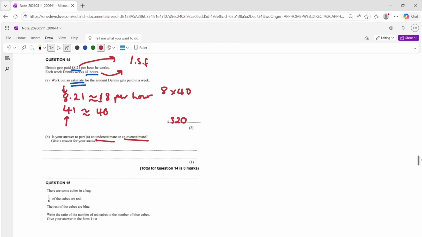So because I've rounded down the amount he's going to get paid for every hour, it's going to be an underestimate as the hourly wage is rounded down. So even though I've rounded the hours down as well, it's only by 1. But I'm losing 20p for every hour that he works. So that's it for 3 marks. That is question 14.